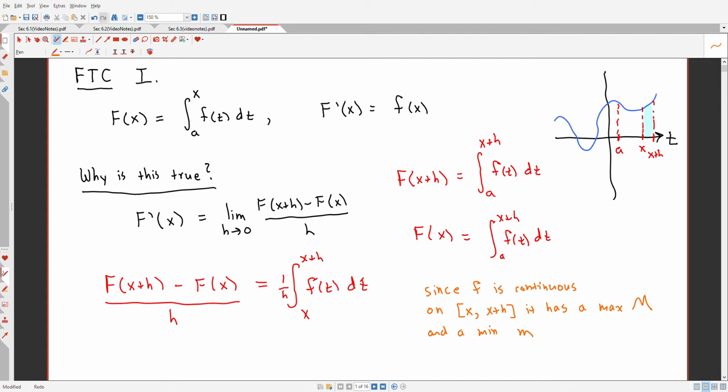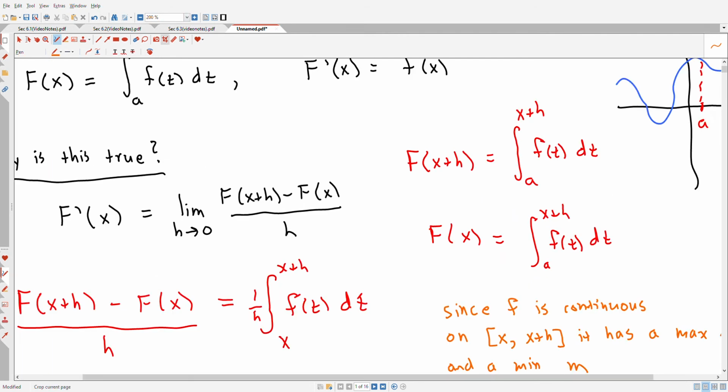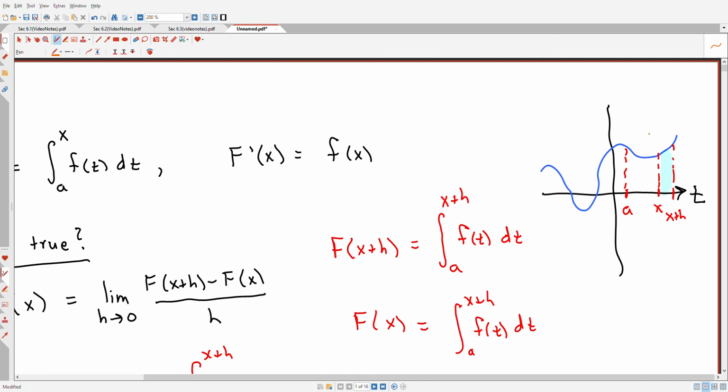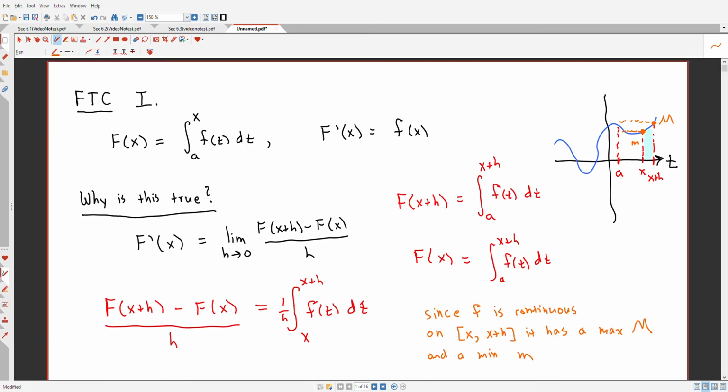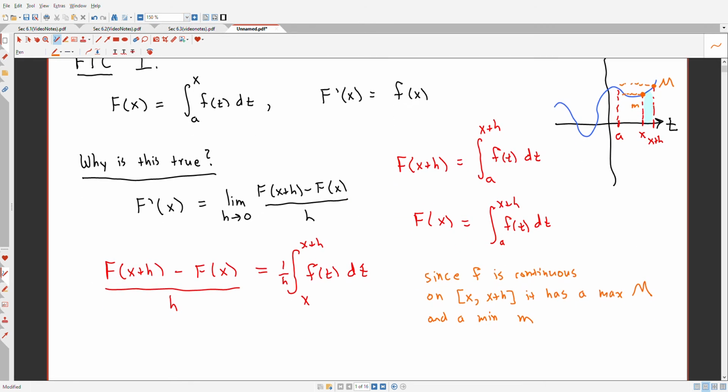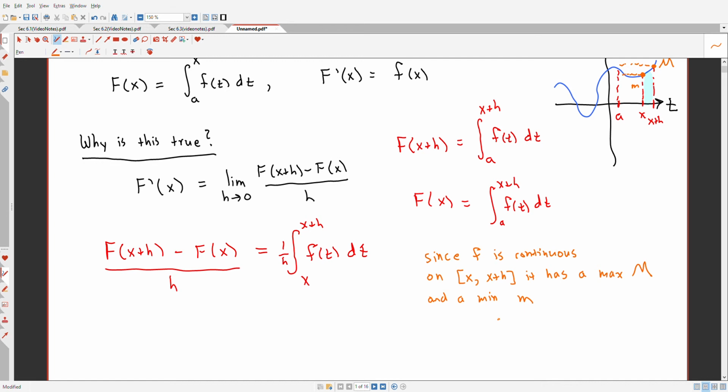And maybe if I zoom in a little bit and go to this picture, on this interval, here's its capital M value, its maximum there, and here's its lowercase minimal value. So what we're really saying here is that the function f of t on this interval is bounded above by some maximum value and bounded below by some minimum value.